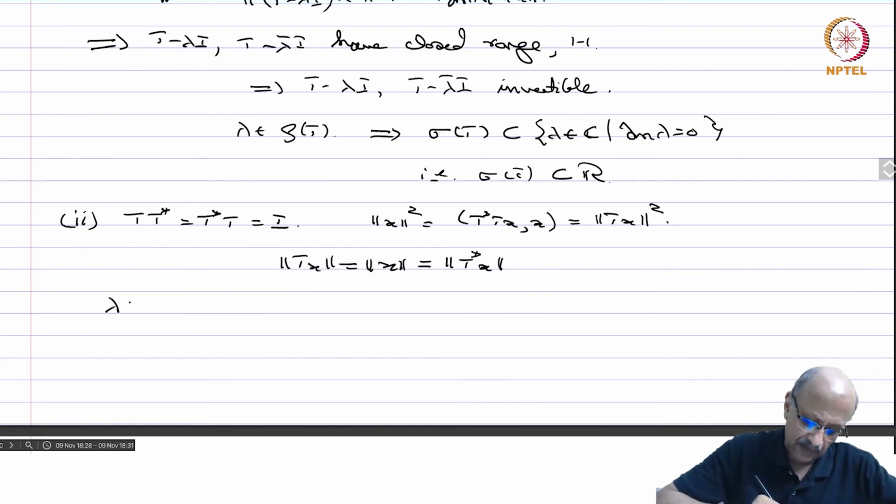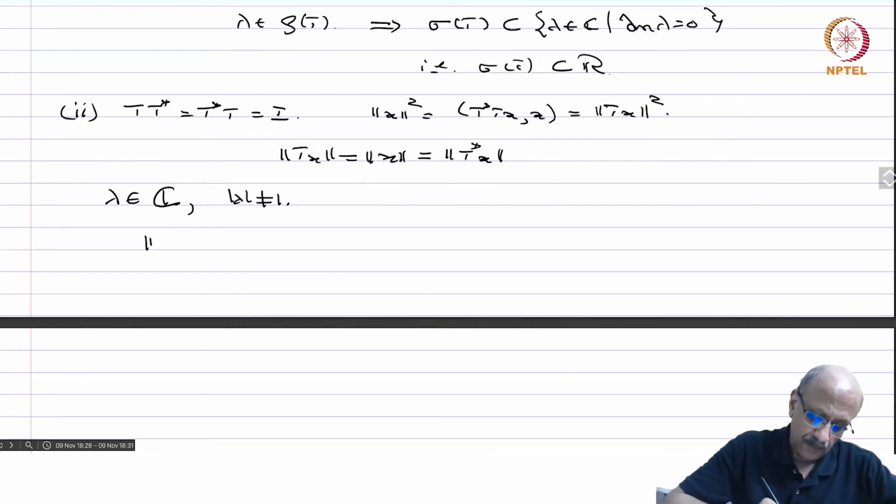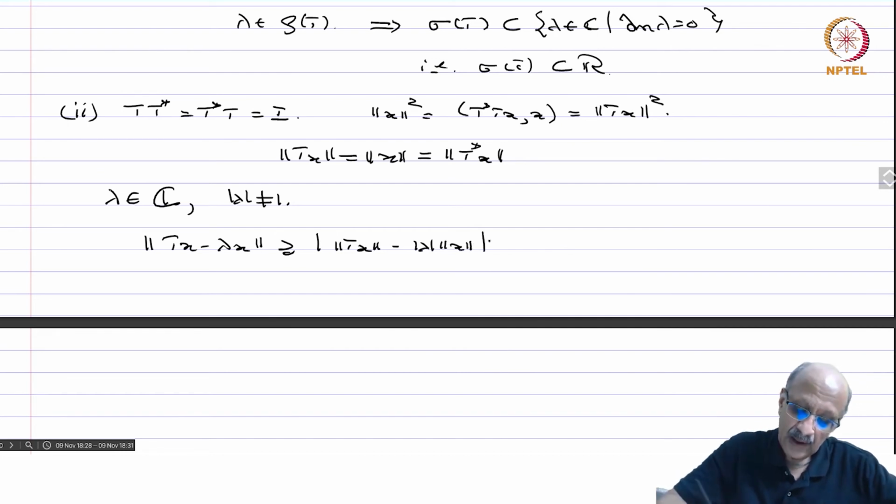Now let us take lambda in C, mod lambda not equal to 1. Then you take norm of Tx minus lambda x, that is greater or equal to the mod of norm Tx minus mod lambda times norm of x. But norm Tx is the same as norm x, so that's equal to mod of 1 minus mod lambda times norm of x.